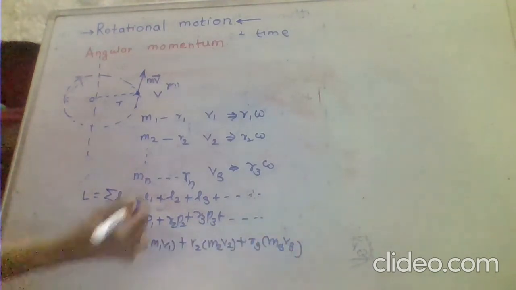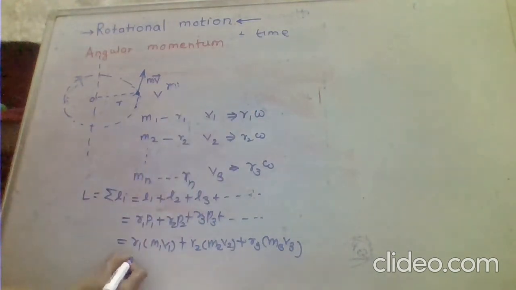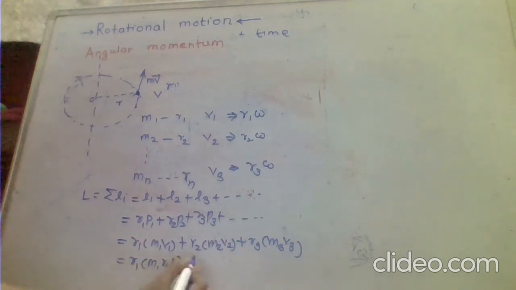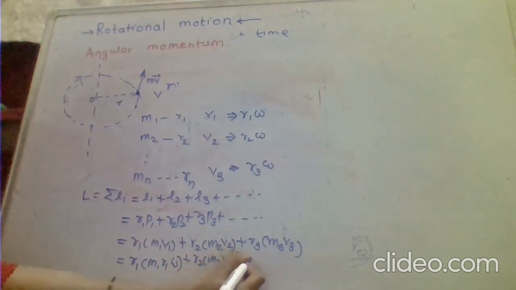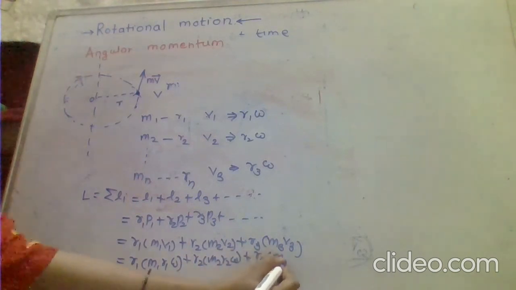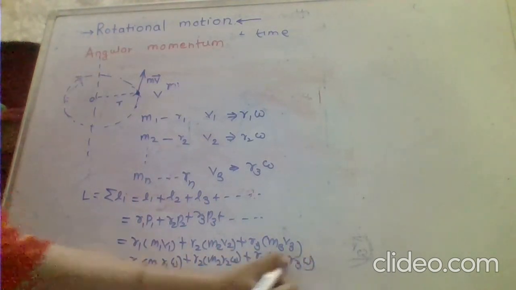But we know that V1 equal to R1 omega, so R1 M1 R1 omega plus R2 M2 R2 omega plus R3 M3 R3 omega.